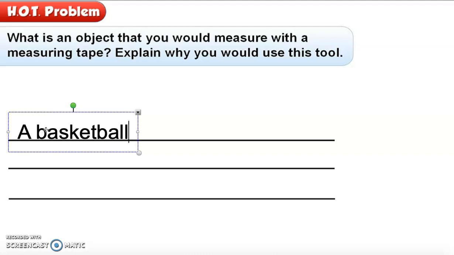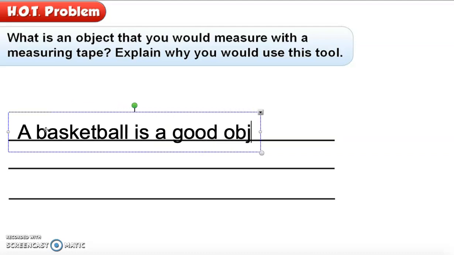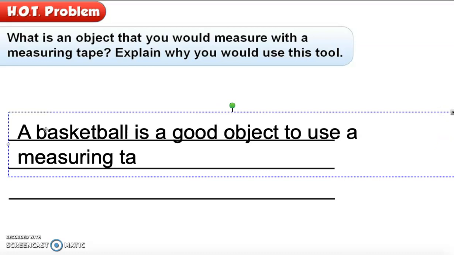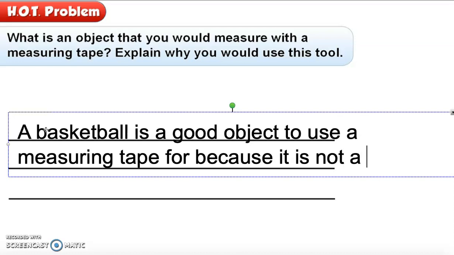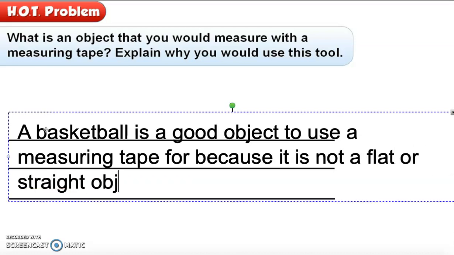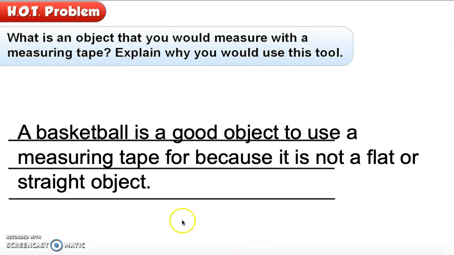And so we can say a basketball is a good object to use a measuring tape for, because, and then our answer and our reason could be because it is not a flat or straight object. Okay, so those are some other ways that you can explain your answers for questions like that.